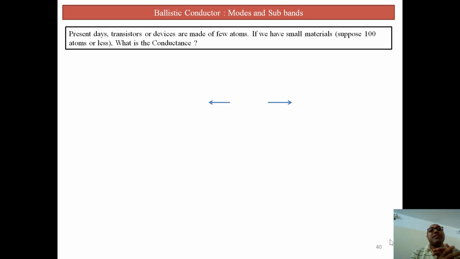Now, why are we studying this special conductor? Is the current expression we have not enough to tackle this? Yes, obviously it can tackle it. But people also think about how to make it easy. If you know it is a ballistic conductor, or very close to one, we can simplify a few things.